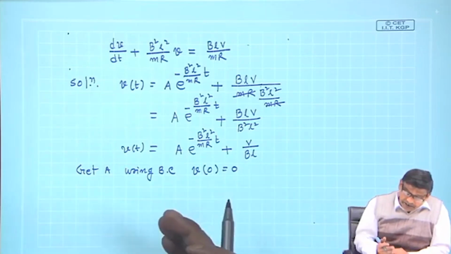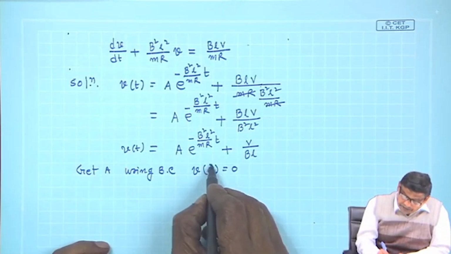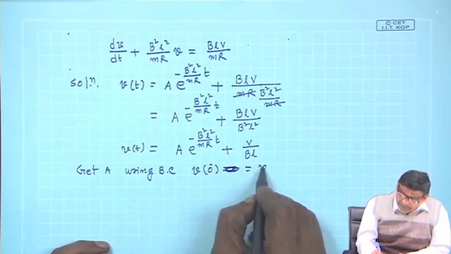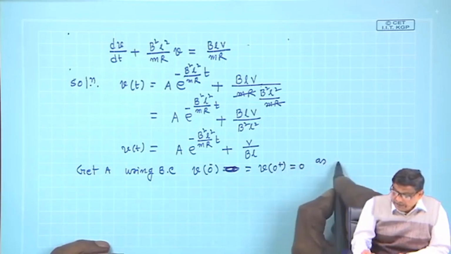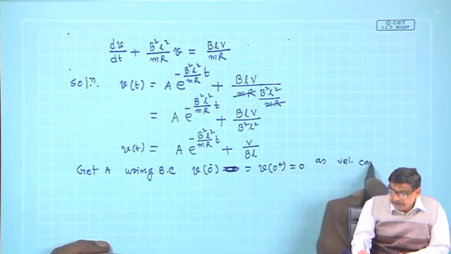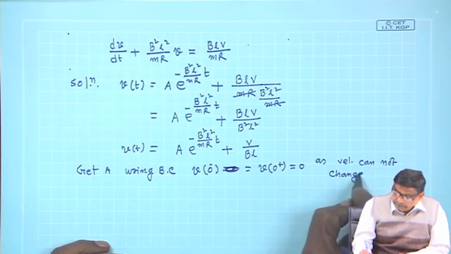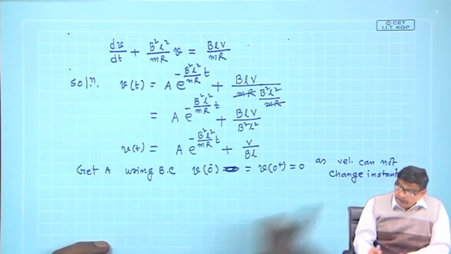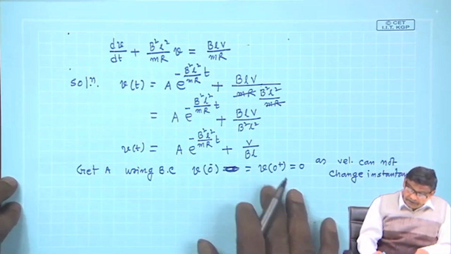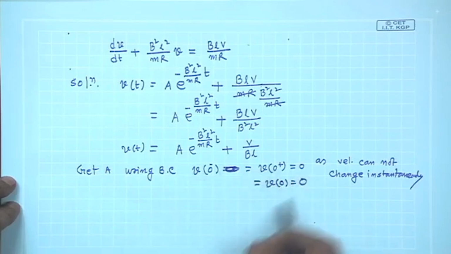Therefore, V 0 plus is also 0 as velocity cannot change instantaneously. This essentially means V 0 is equal to 0.